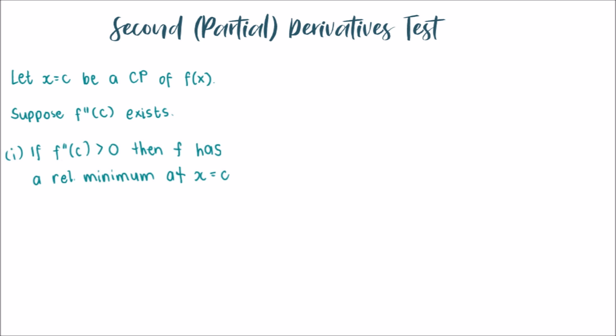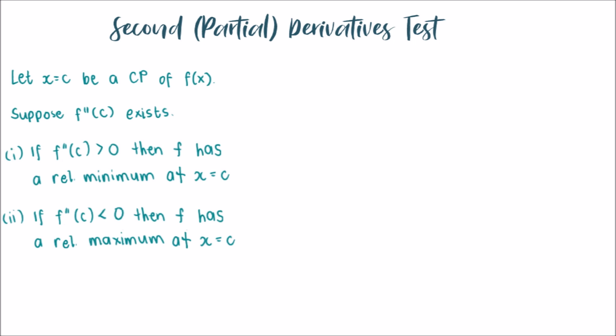On the other hand, if the second derivative is negative, then f has a relative maximum at c. If the second derivative at c is 0, then there is no conclusion. For this special case, we need to find other ways, maybe the first derivative test or observing the graph of the function to determine if there is a relative extrema at c or not.